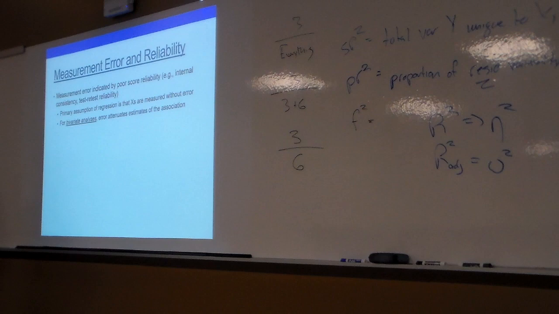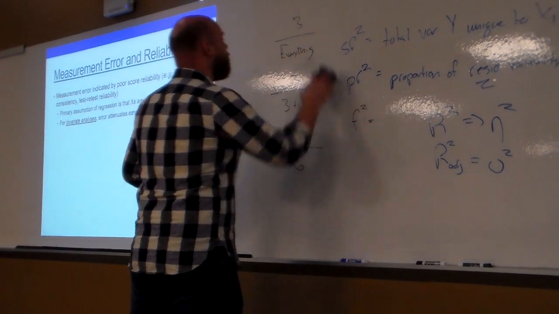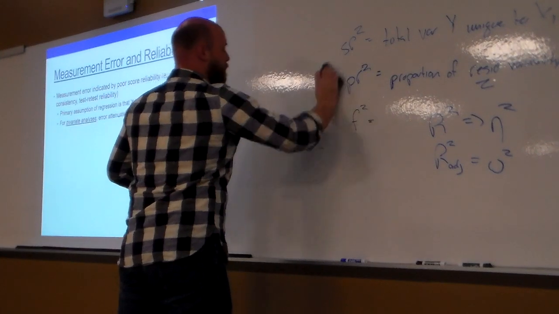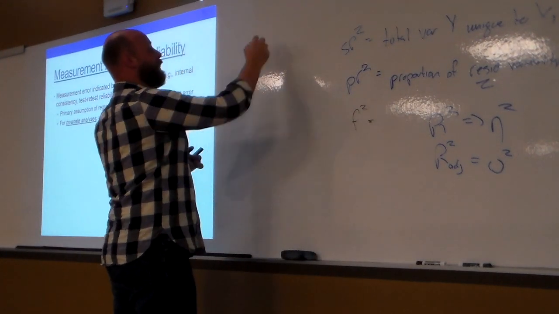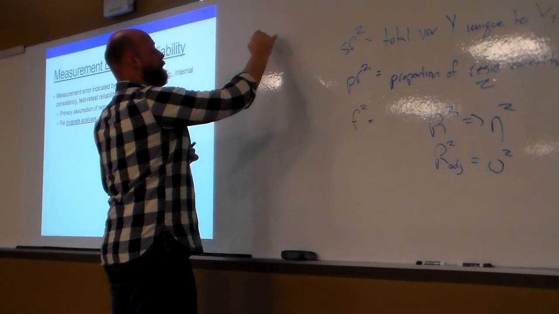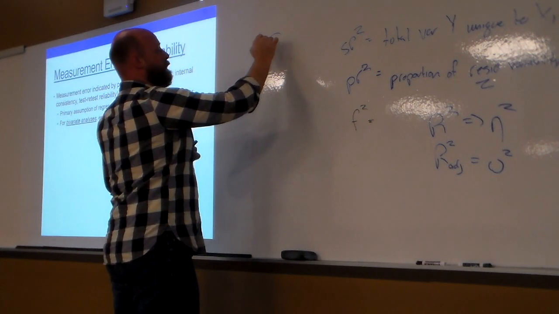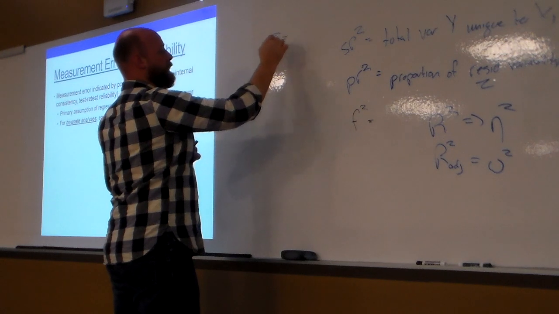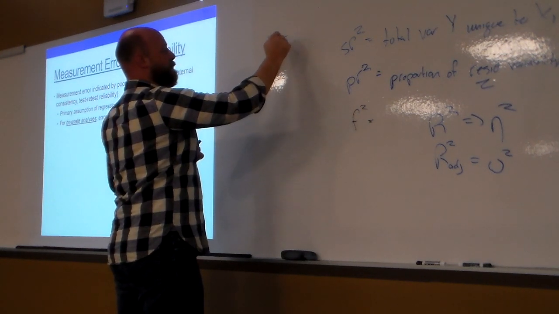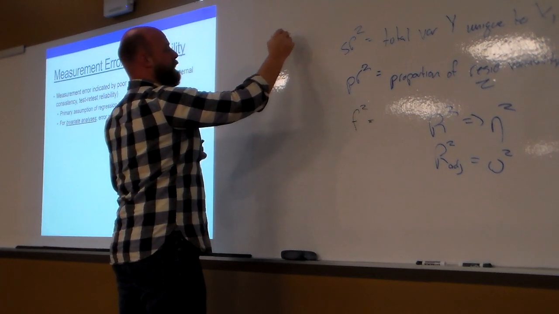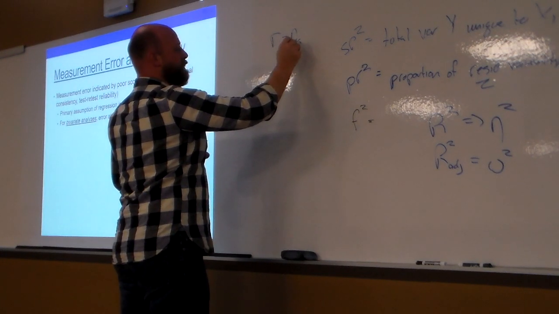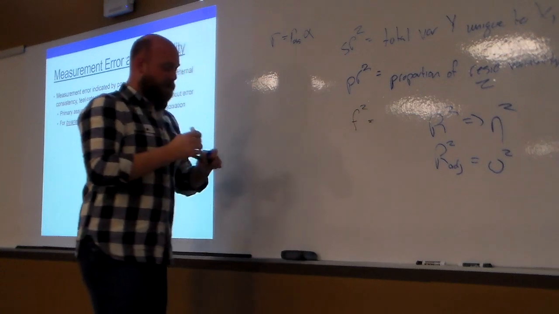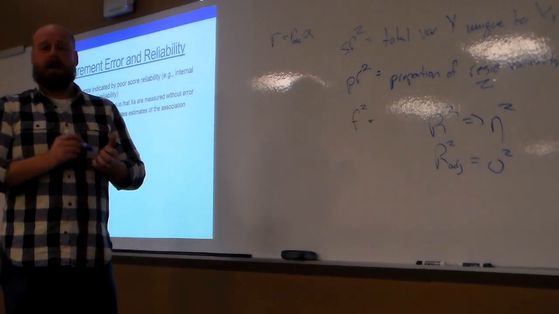Because if this is my population correlation, right? What I'm going to get here is whatever my observed is times my reliability, right?